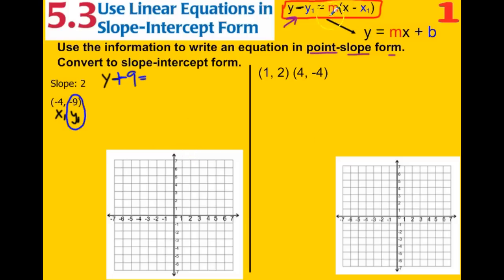Then it says equals m, and m is our slope, so we know m is 2. And then in parentheses it says x minus x1, which is -4. Again, two negatives next to each other make a positive.